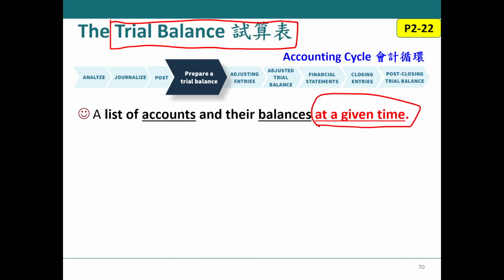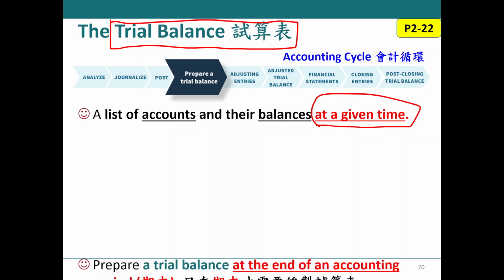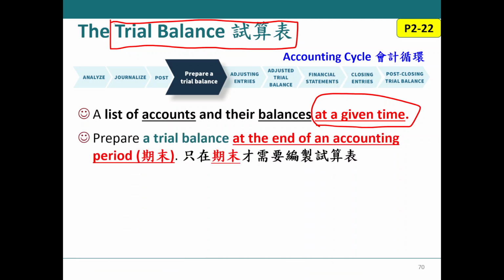Usually the given time is when? Last day, okay? So after we finish all things, we will double check on the last date. So we will double check at the end of the accounting period. The end of the accounting period means the last date, maybe the last day of each month, last day of each quarter, or last day of each year.